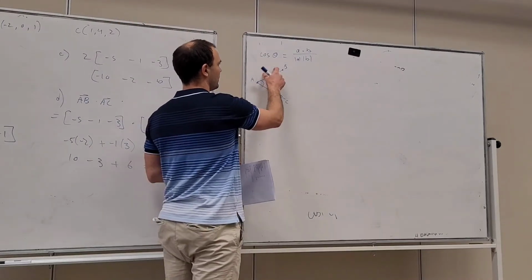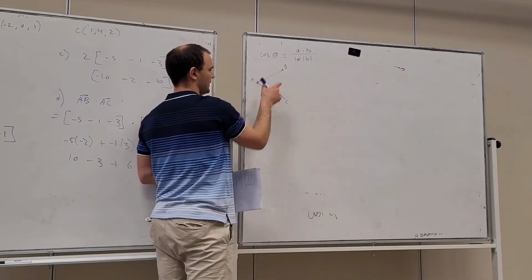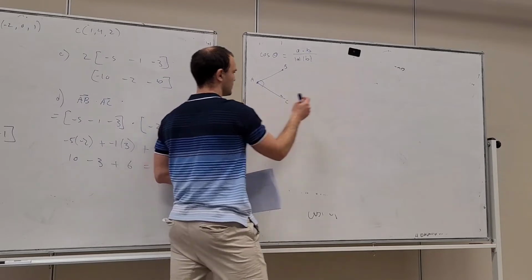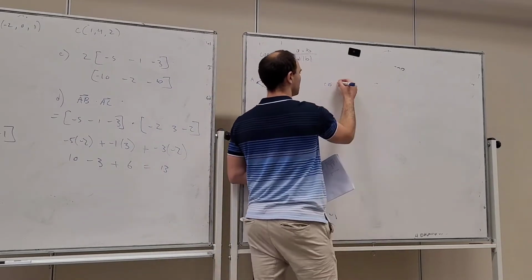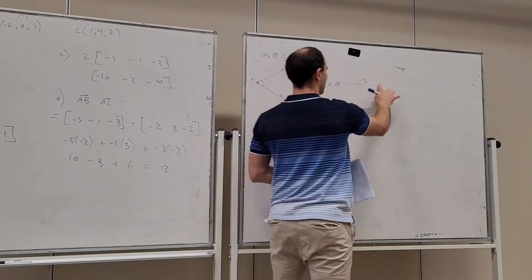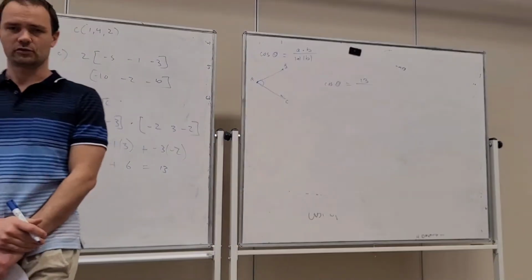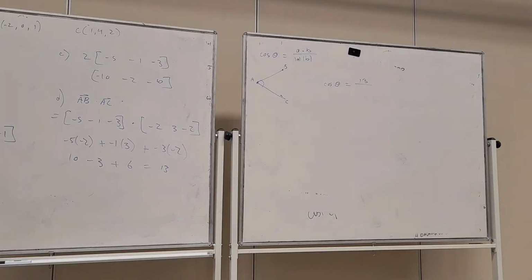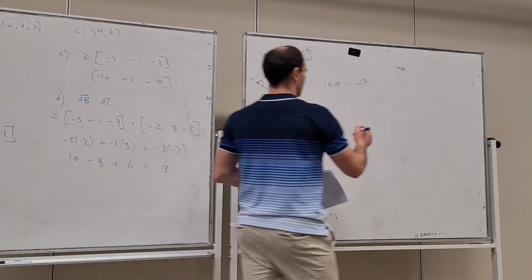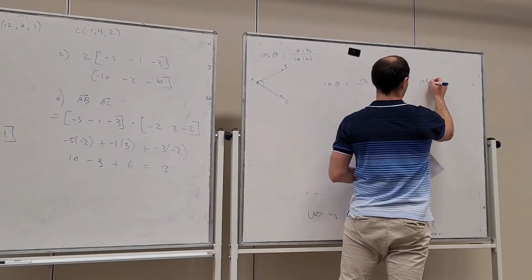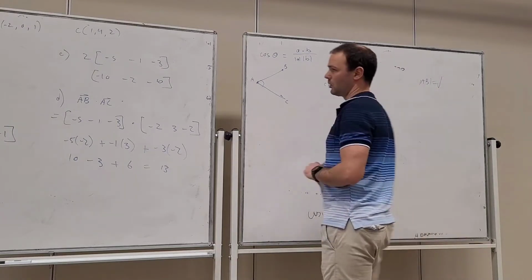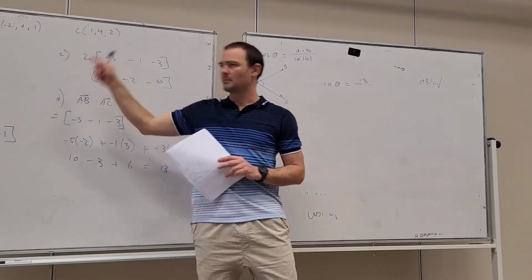So we've already got the dot product of vector AB dot vector AC. So we already know that that part's 13. So we've got 13 at the top. Then we just need the moduli of each respective vector at the bottom. So the modulus of vector AB, we get to recap modulus here. I might write it alongside of it. That's going to be the square root of 5 squared plus 1 squared plus 3 squared.